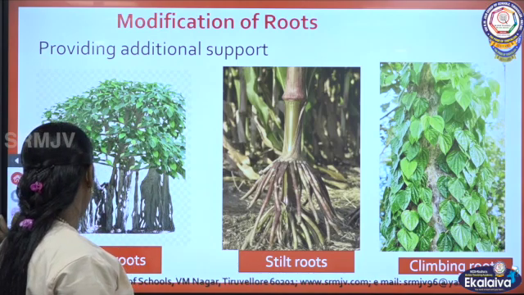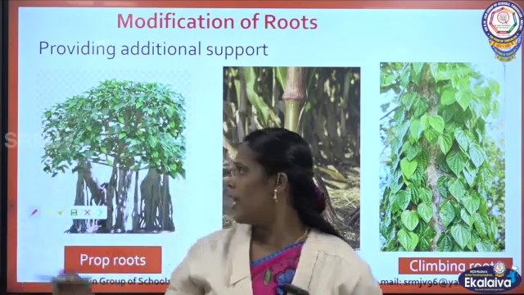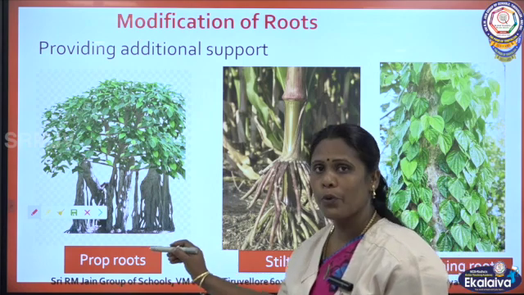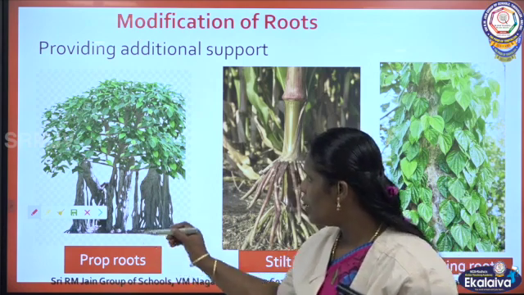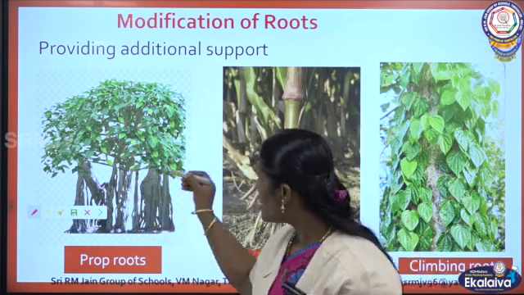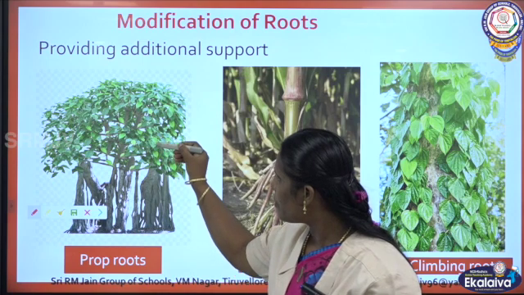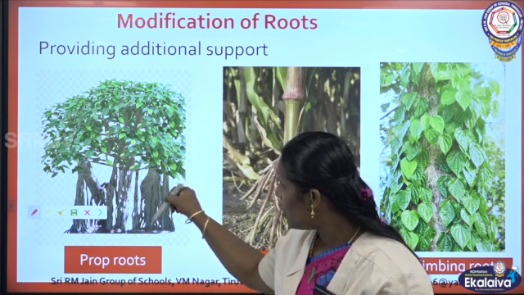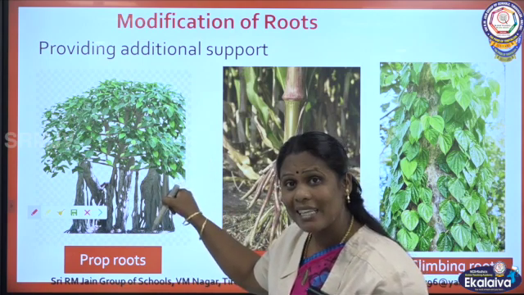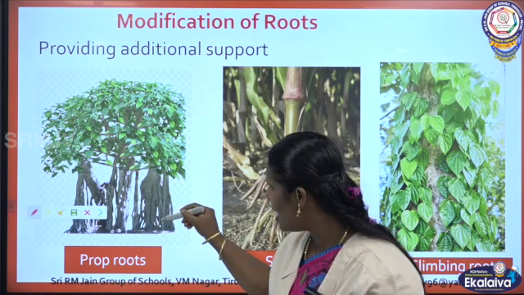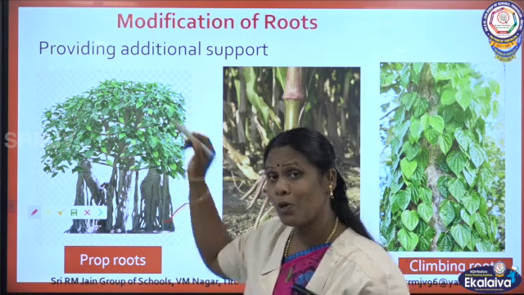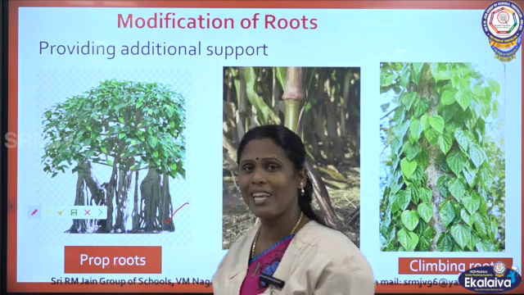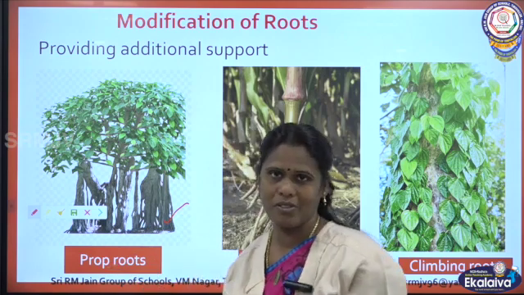See here, prop root. Here, the root coming from the branch of the tree anchors inside the soil and gives support to the plant. That root is called prop roots.